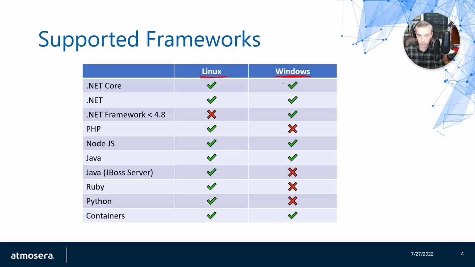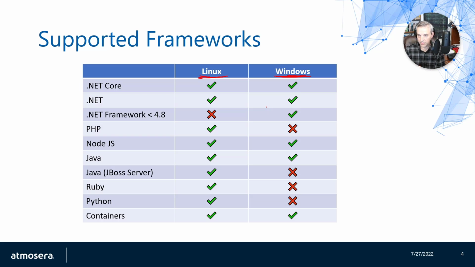Depending on which one you're using is going to depend on which operating system you're going to use. Now, Windows tends to be a little bit more expensive than Linux on App Services. So an App Service plan on Linux is generally cheaper because you're not paying for licensing on the Windows operating system under the hood, but at the same time, Windows does support platforms that you might have for legacy applications that don't run on Linux.